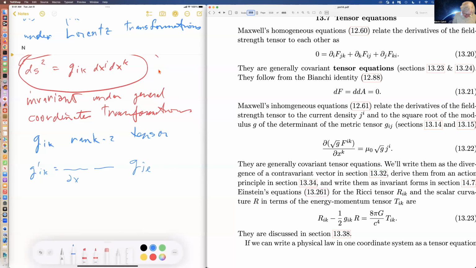So we're going to have partial x'^i, partial x'^k, partial x^j, partial x^l.